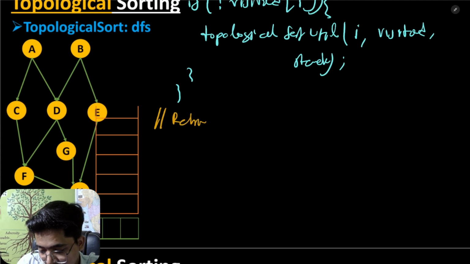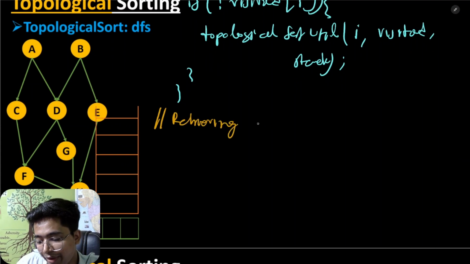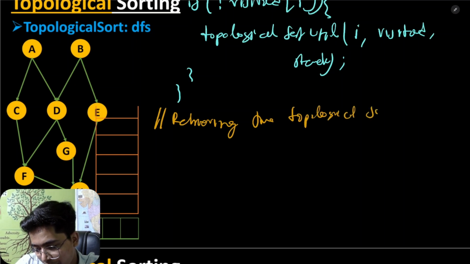Now after the while loop is executed, we retrieve the topological sort. For retrieving it, we'll write a few lines.